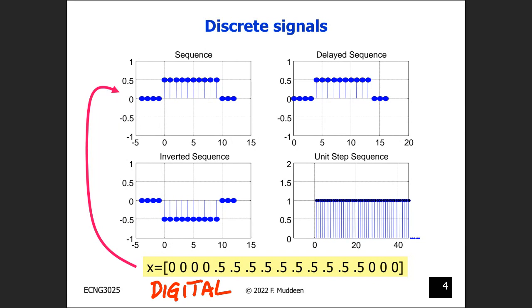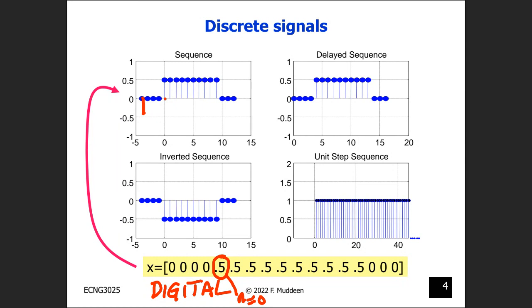The sequence starts at n equals minus 4, 3, 2, 1, 0. So this is really the n equal to 0 point. Whatever that n is, we don't know if that n is in time or if it is just a numerical sequence. But the fact is that x now has values only at these times.